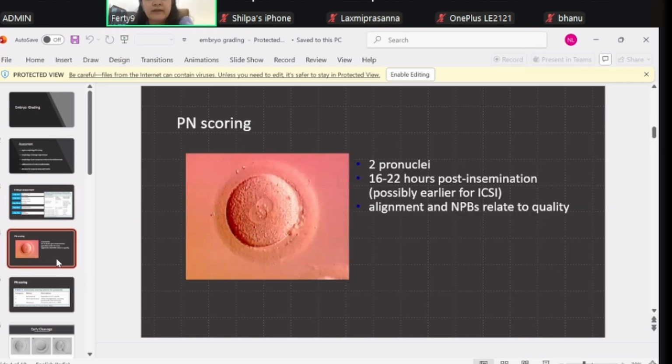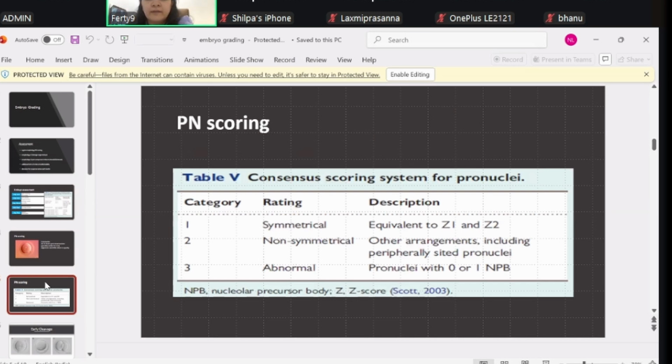For PN scoring, we observe 2 pronuclei juxtaposed and centrally located, at 16 to 22 hours post insemination or ICSI. Then alignment and NPBs, the nucleolar precursor bodies, we see whether the PN is symmetrical, non-symmetrical, or abnormal.